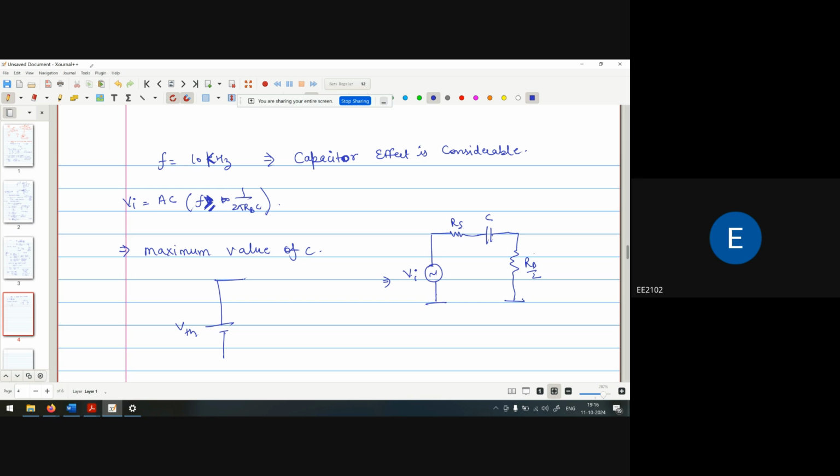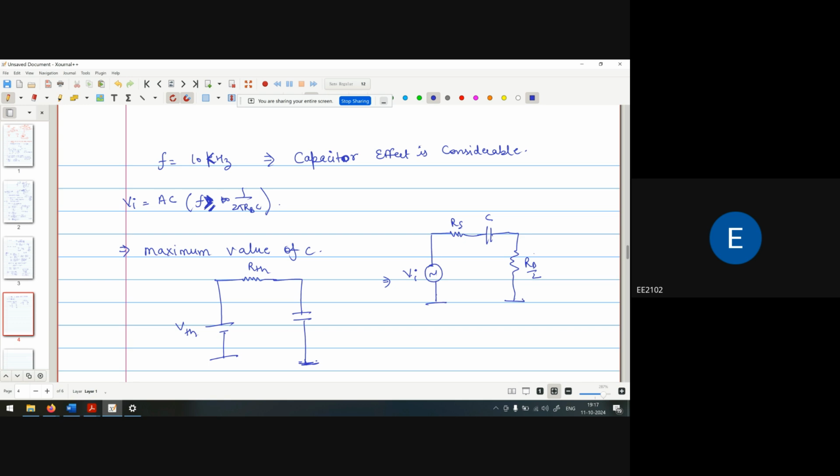The RS and RB combination is RTH, and I am using one capacitor. So I have considered this particular circuit as a Thevenin's equivalent.